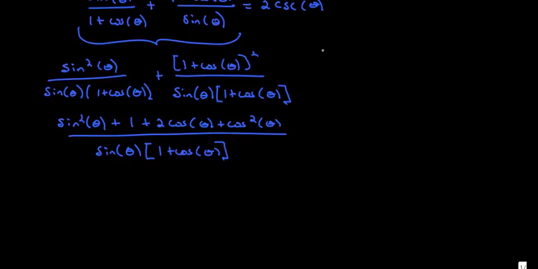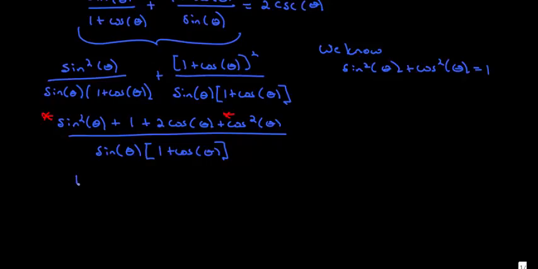We know that the sine squared of an angle plus the cosine squared of that same angle is equal to 1, regardless of what the angle is. So this guy right here and this guy right here, they equal 1 if I add them together.